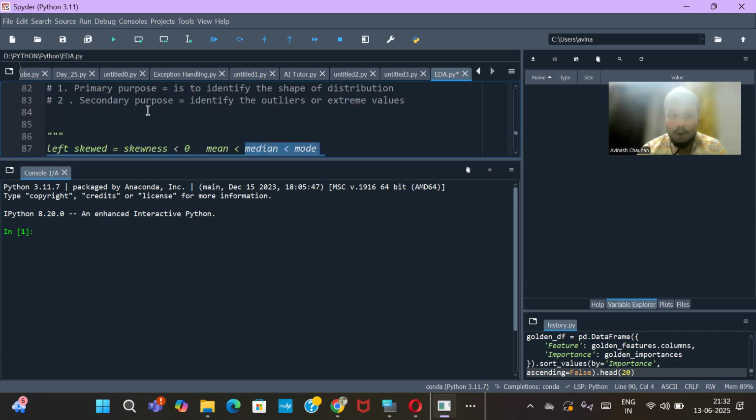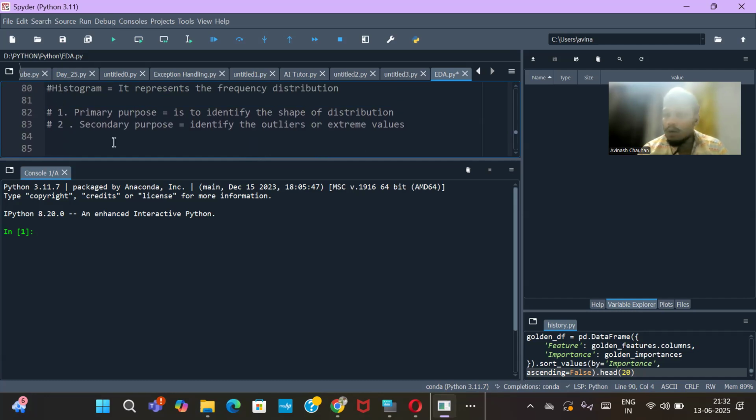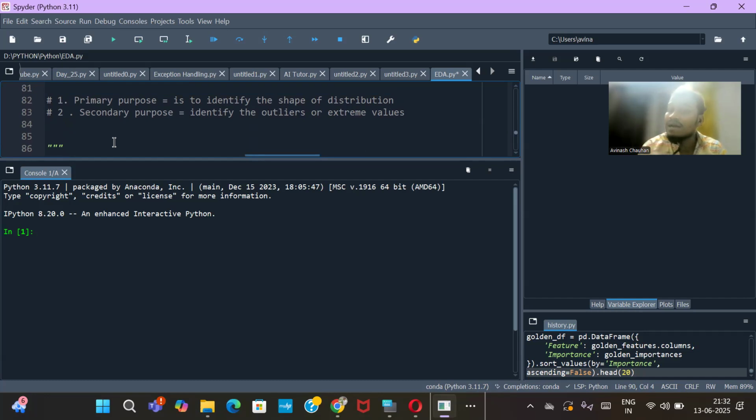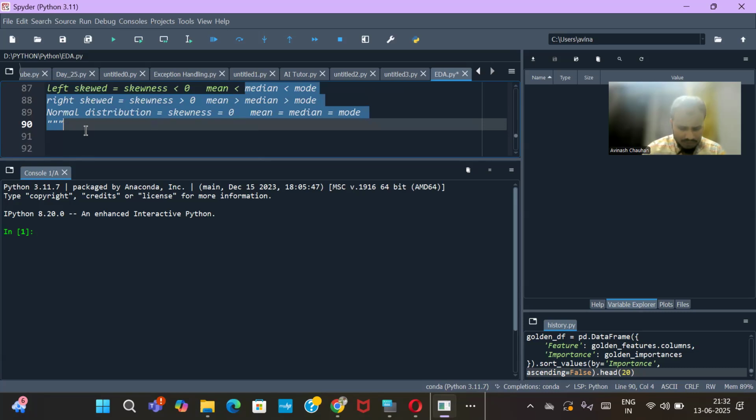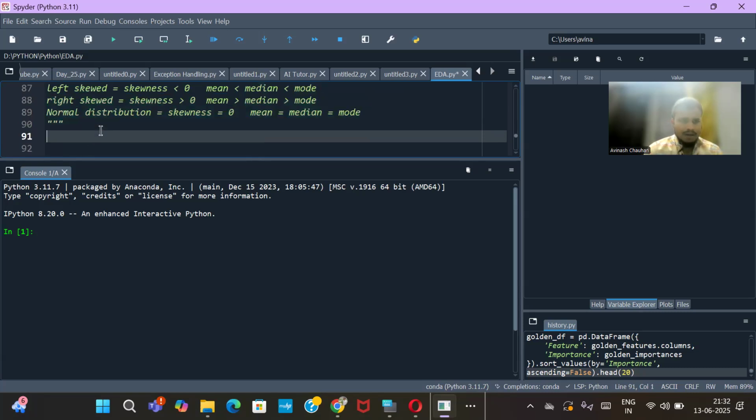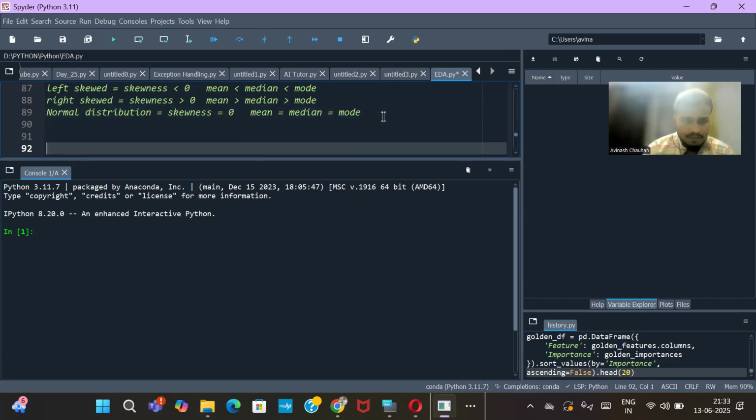This is an important interview question, what is the primary and secondary purpose of the graphs. Whatever graphs we will be learning, you will be asked the primary and secondary purpose. And again, one more thing which you have to keep in mind, what is the mathematical formula for skewness?